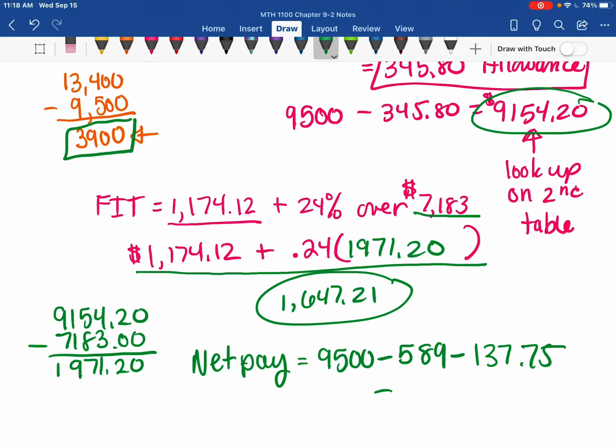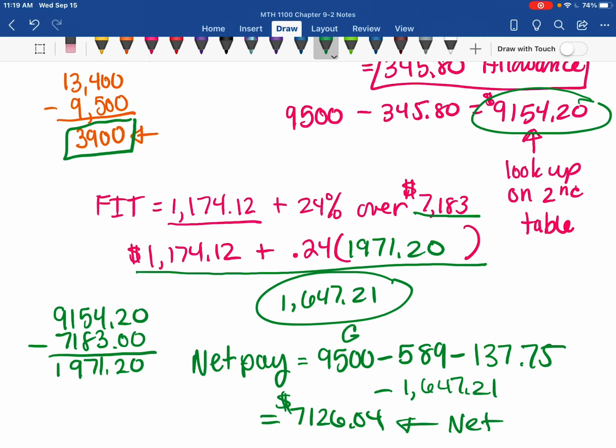And then we're going to subtract off the federal income tax that we just had, which was $1,647.21. And when I subtract all that from the gross pay, I get $7,126.04. So that would be the net pay if we were asked.